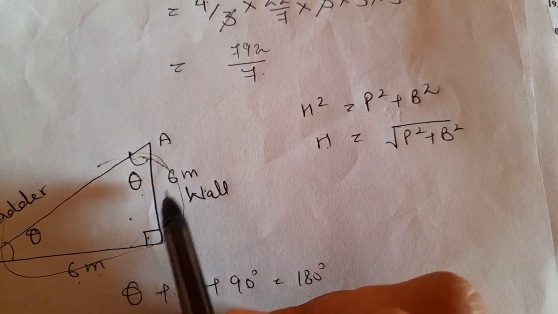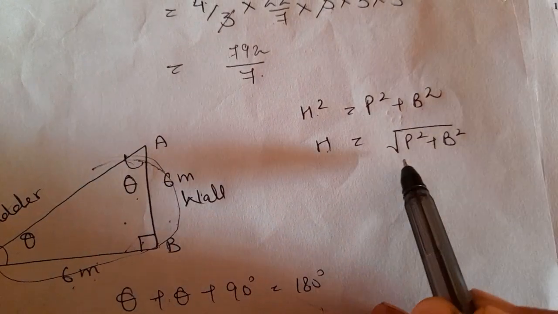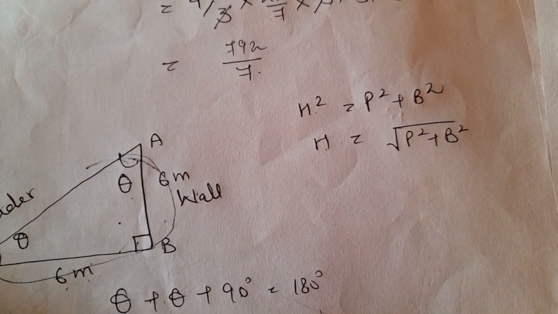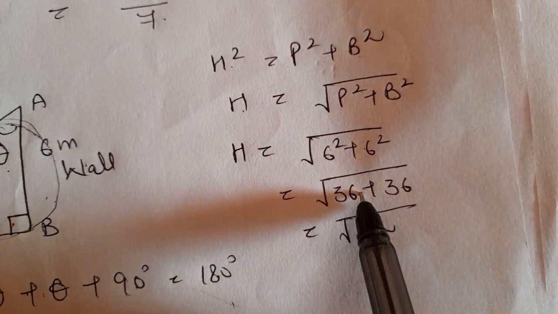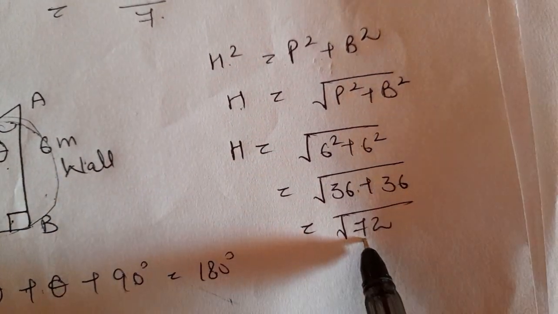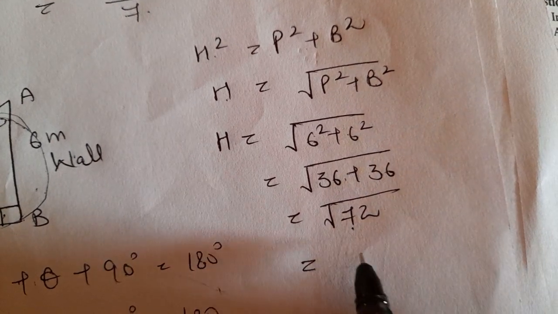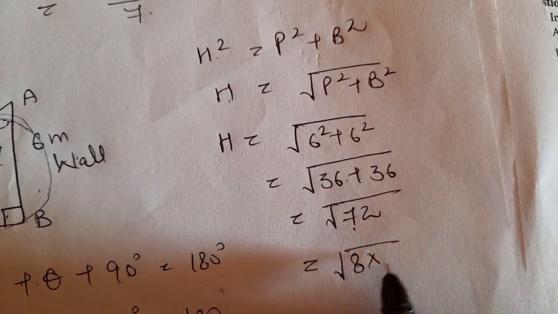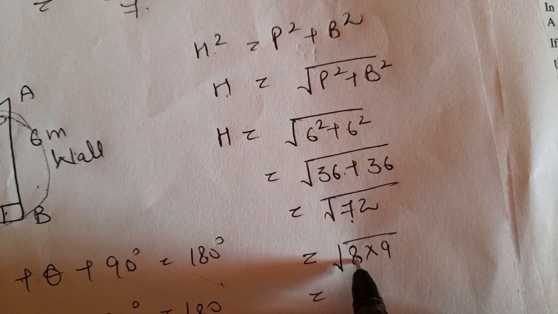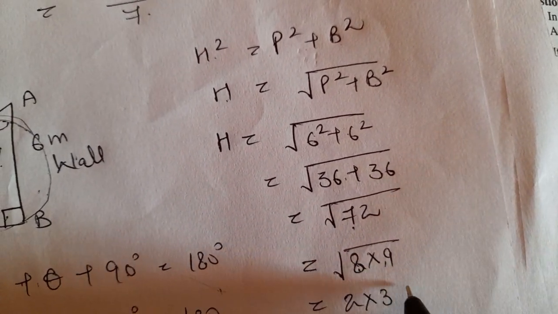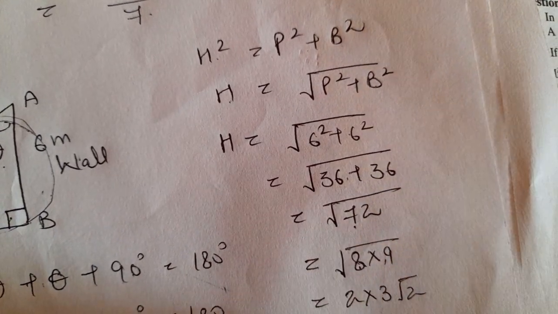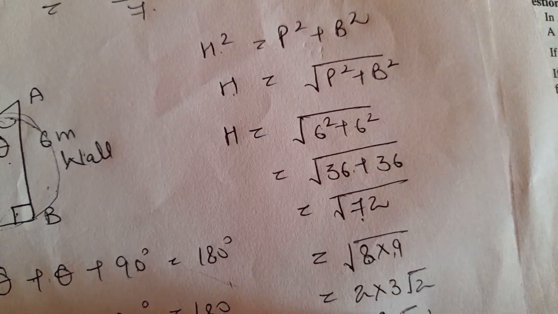This is your 6 and 6, the perpendicular and base. After putting the values, we got 6 square plus 6 square, that is 36 plus 36, that is 72. After making the factors, 8 9s are 72, so from here we got 2, from here we got 3, and 1 root 2 remains. So the right answer is 6 root 2 meters.